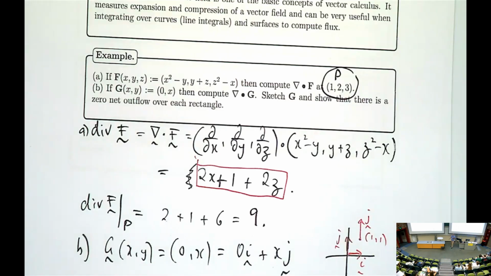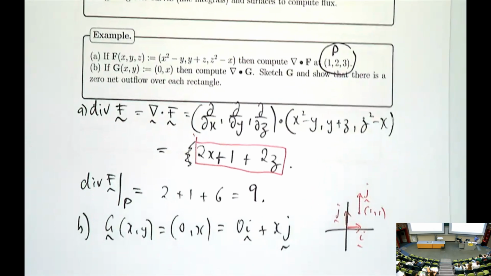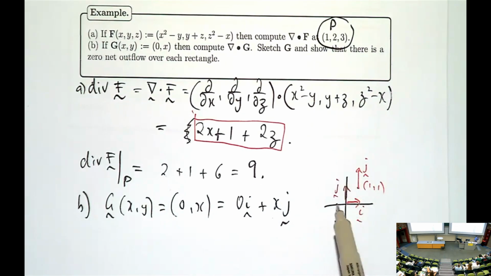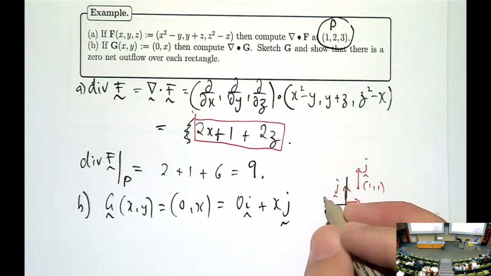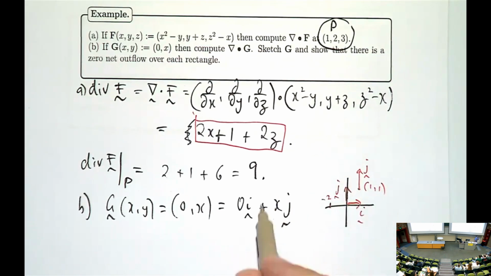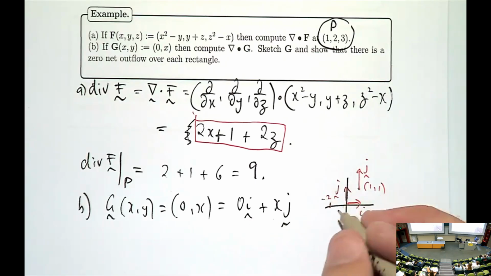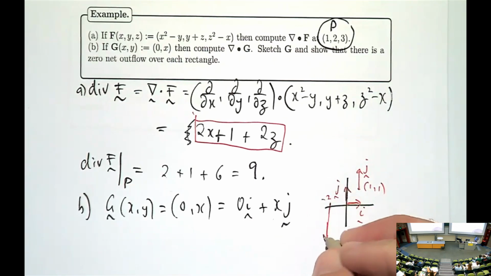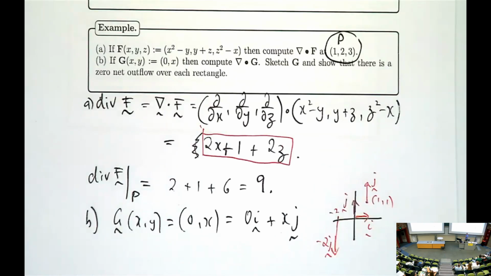Whereas if I'm over here, let's say I'm here on the negative axis, at, I don't know, -2. That'll be negative 2j. So as you move around, we're only in the plane here. As you move around, the vectors in this vector field are going to change.